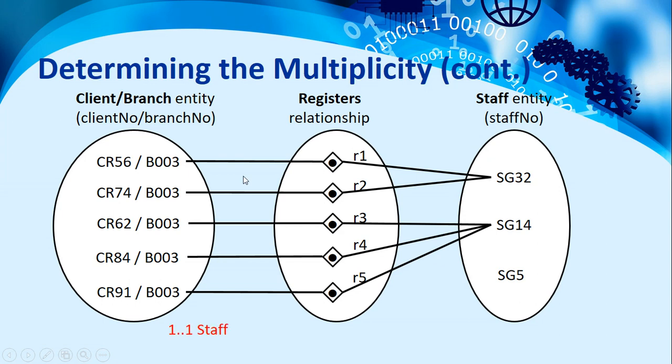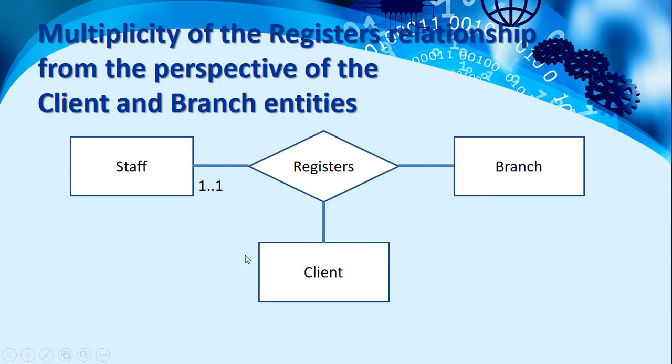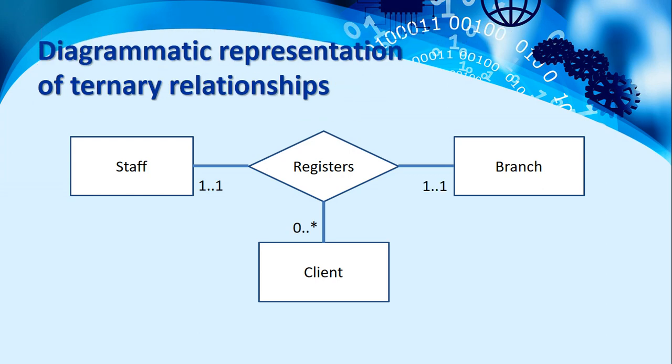So that is one, and then you assign this multiplicity here. After that, you've finished pairing everything. So this is the final result: the diagrammatic representation for a ternary relationship. This is all of it.